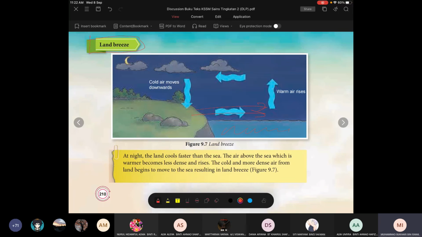So at night, water is still hot, but the land is already cold because it loses heat faster. So the air above the sea becomes hot, and then it will rise because the density will be lower. So the air from the land will blow towards the ocean, and then the air will make another circulation like this.